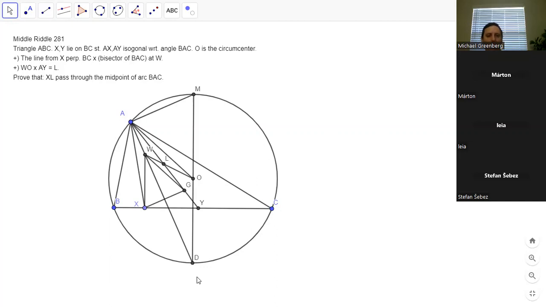WG bisects this angle. If we know it bisects this angle, then that basically solves the problem.